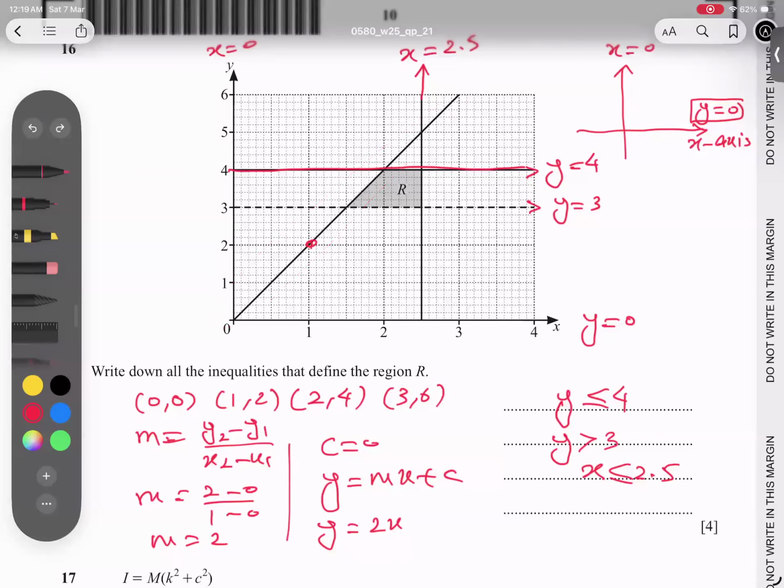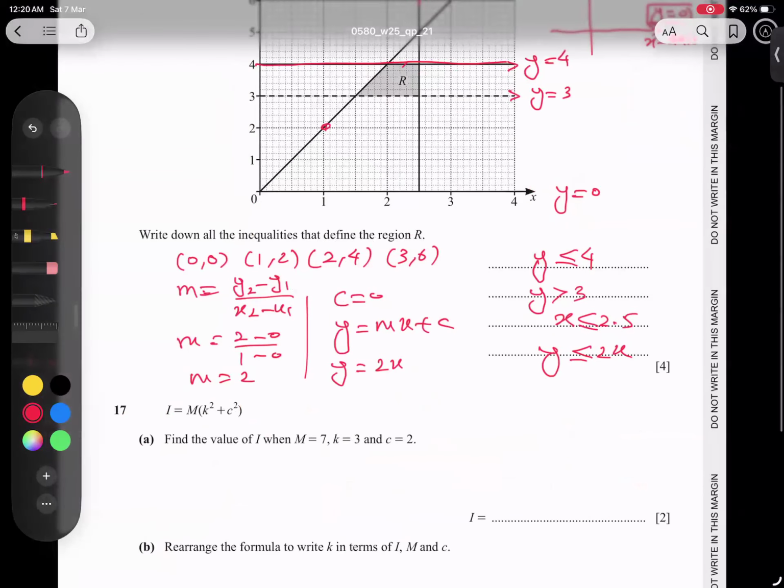The shaded area is below the line. Check whether it is below the line or above the line. Common sense: if it's above the line, I say more, and because it is below the line, I say less. So I'm writing y is less than or equal to 2x. I hope the concept is very clear.